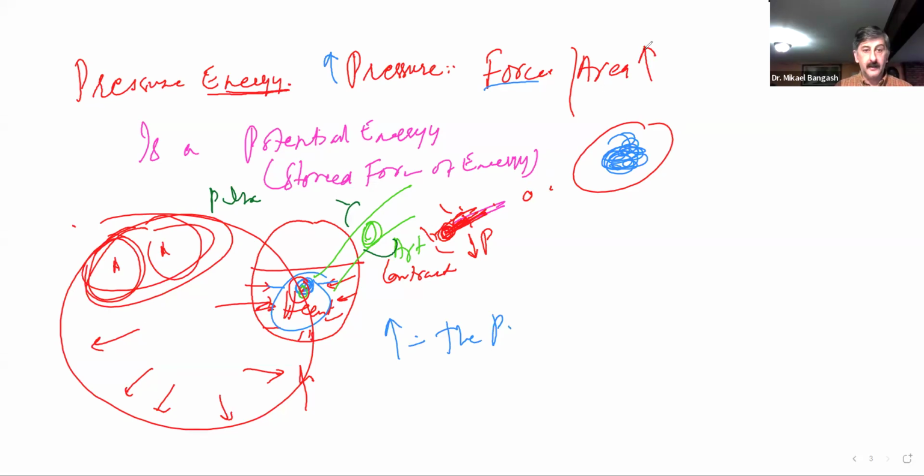When they increase in area, that causes a decrease in the pressure in this chamber. So here you have a greater pressure, here you have a lower pressure. It's mainly due to that pressure difference that the valves open and let the blood flow from the atria to the ventricles, from higher pressure to lower pressure.